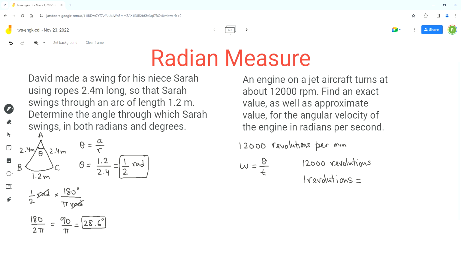So one revolution is equivalent to 2 pi radians. So 12,000 revolutions, or I'll just write it short as revs, will be equivalent to 2 pi multiplied by 12,000, which is 24,000 pi radians.